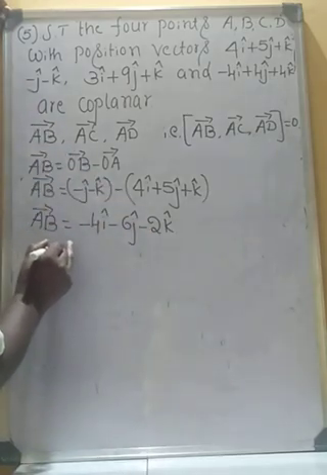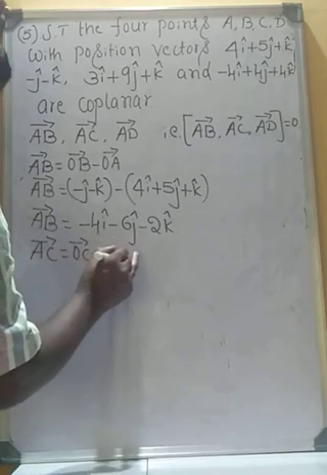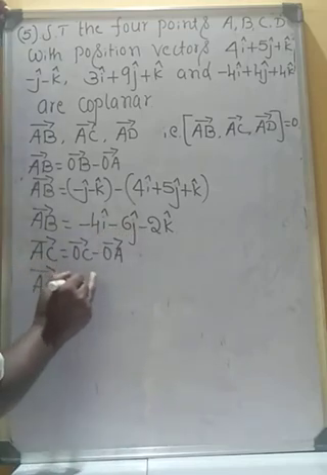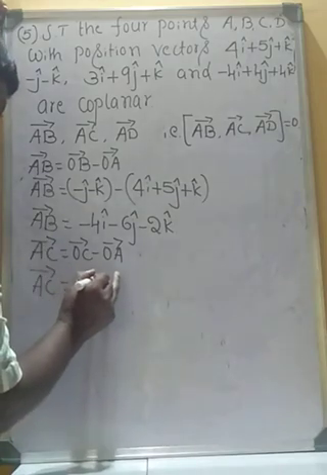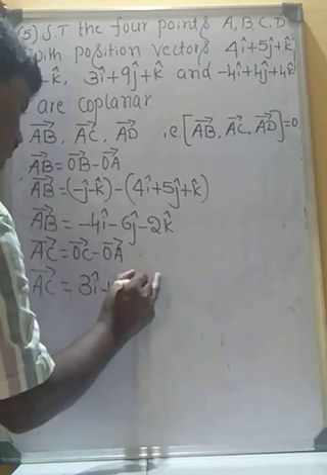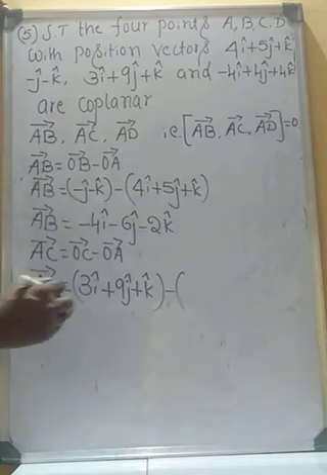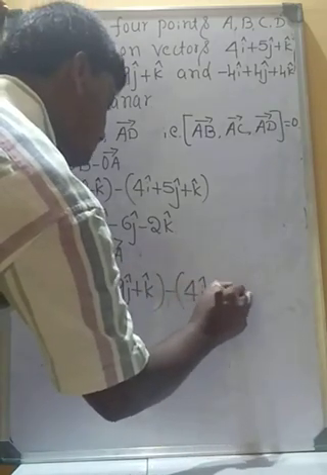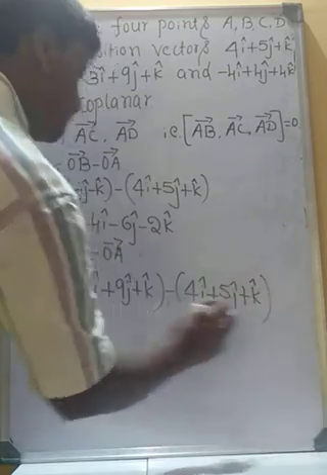Next, find AC vector, that is OC minus OA. Therefore, AC vector is equal to OC, 3i + 9j + k, minus OA, 4i + 5j + k.